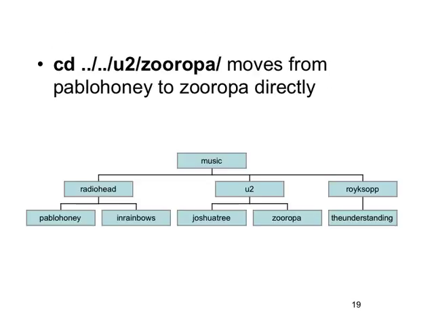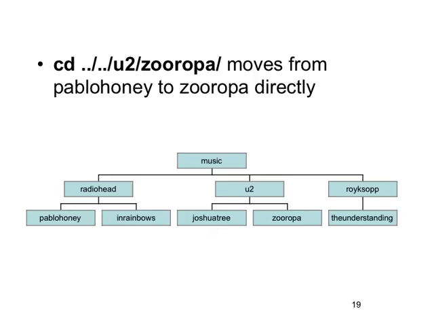Okay? So imagine we have a directory called music. Inside that we have Radiohead, U2, and Riscop as directories. And they, in turn, have subdirectories in there.